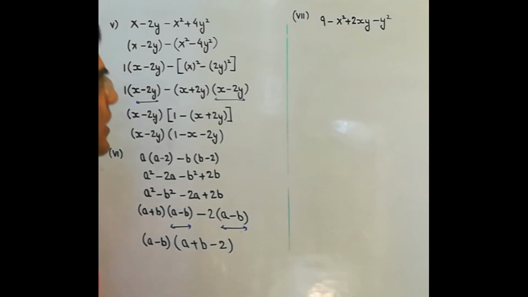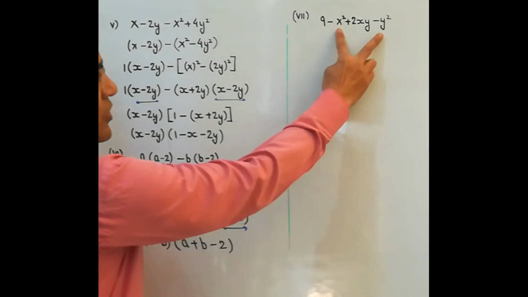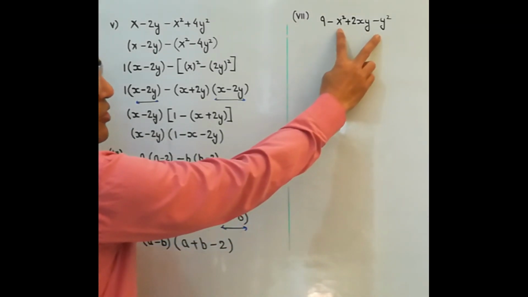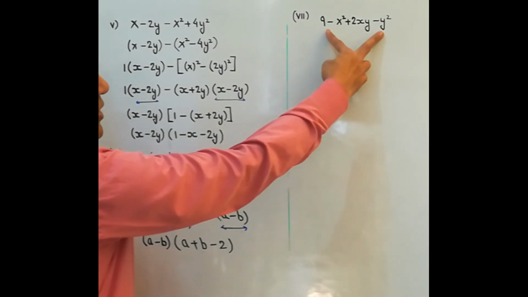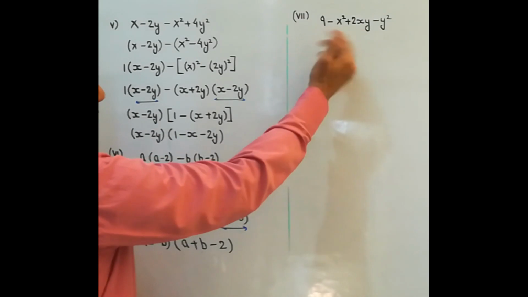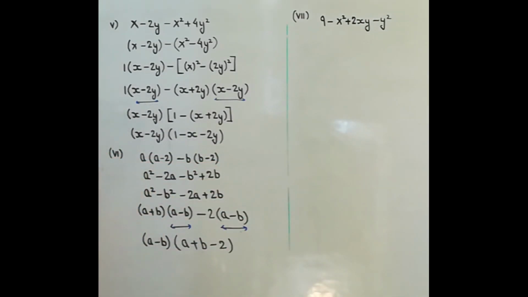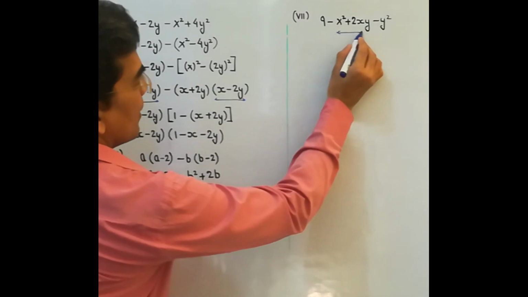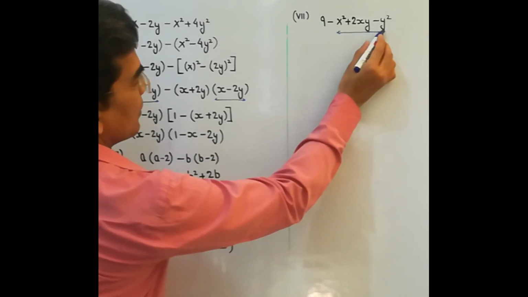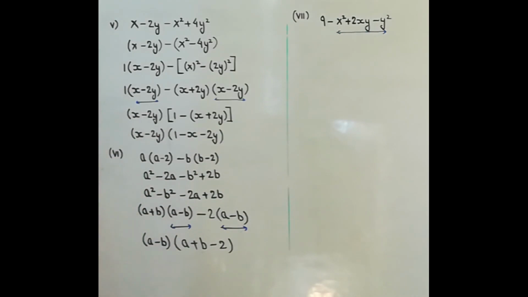Now suppose somebody thinks that if we take grouping of these two, this won't give you any difference of 2 squares formula. This or this will not give you the question further to initiate. Now if you see properly here, if these three terms are taken in one group, they will be giving you a whole square formula.